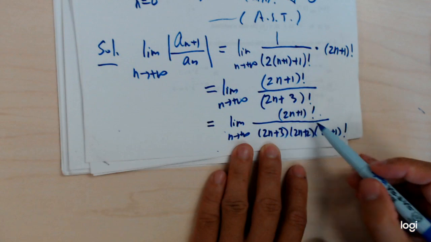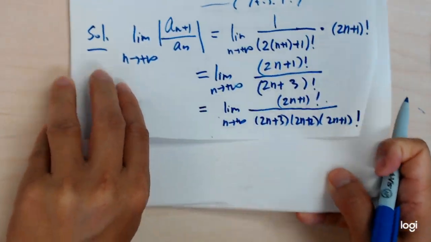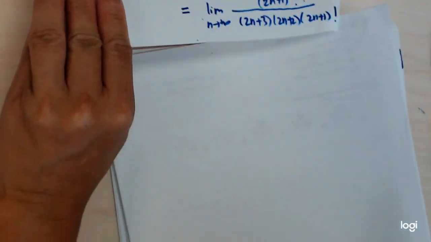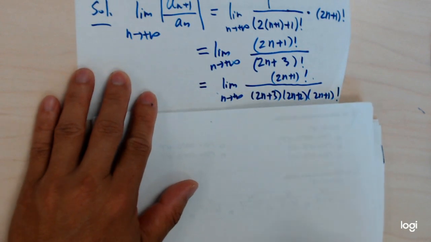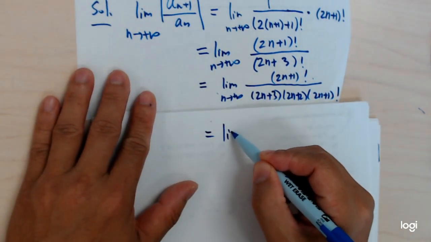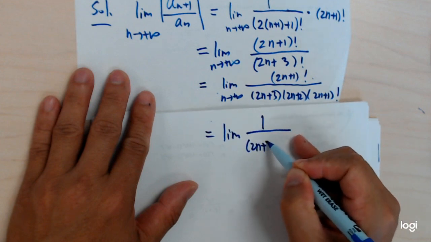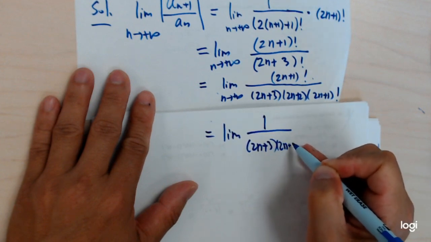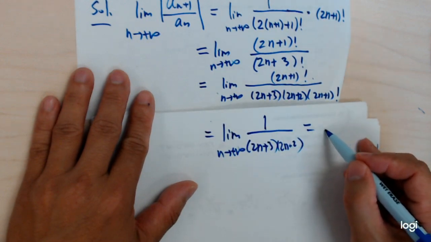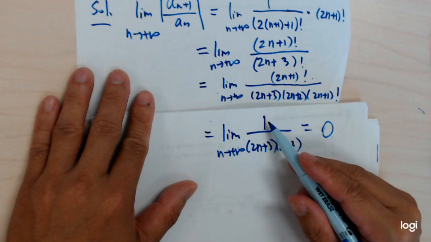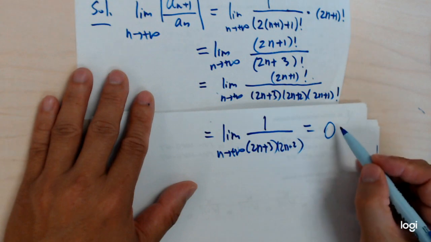So now I can tell those two terms cancel. We get a 1 on the top, 2n plus 3, and then 2n plus 2. Now clearly the limit of this is what? 0, because the top is a finite number, the bottom goes to infinity, so it's 0, which is less than 1.